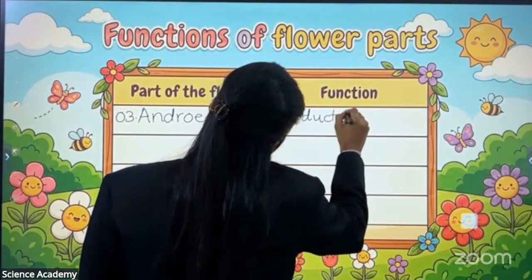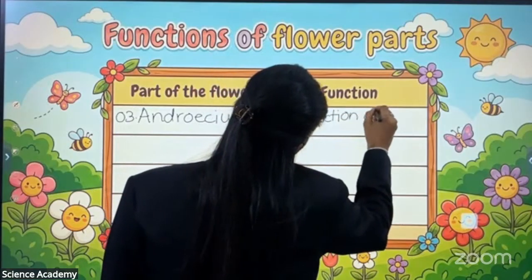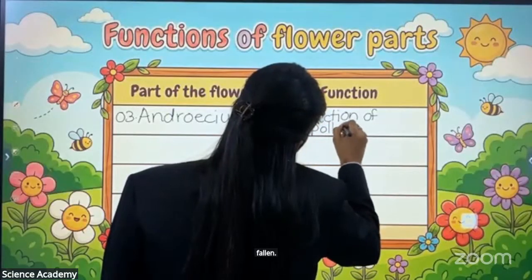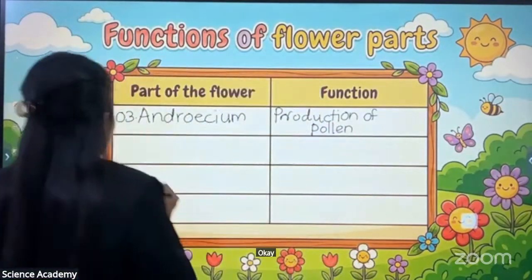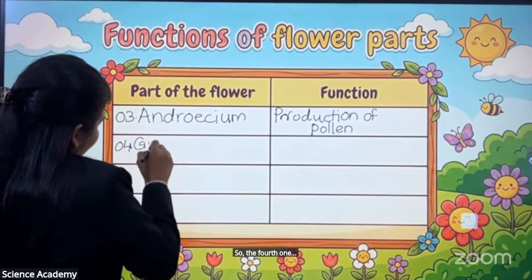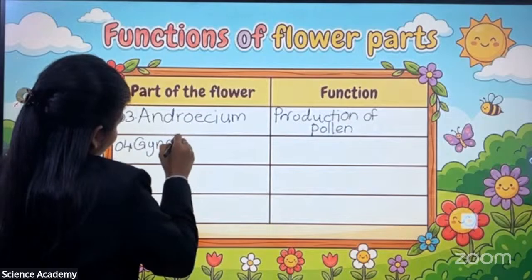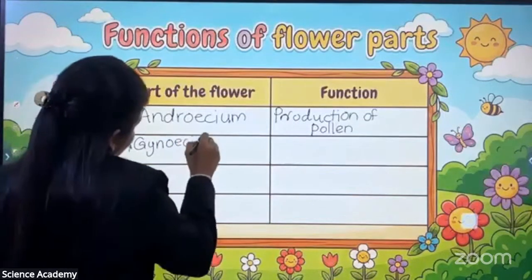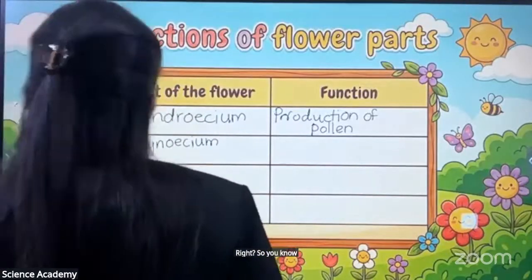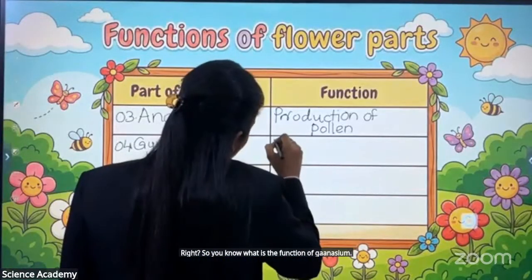The fourth one, gynoecium. Do you know the function of gynoecium?